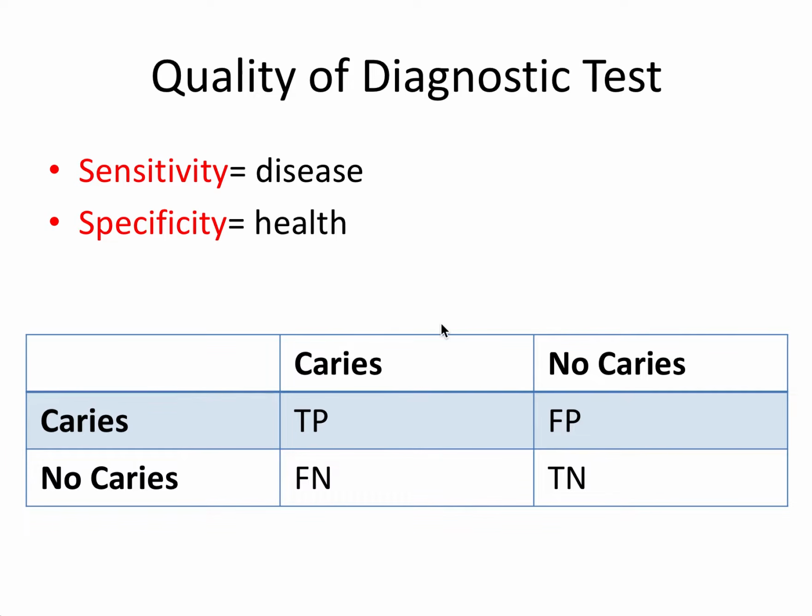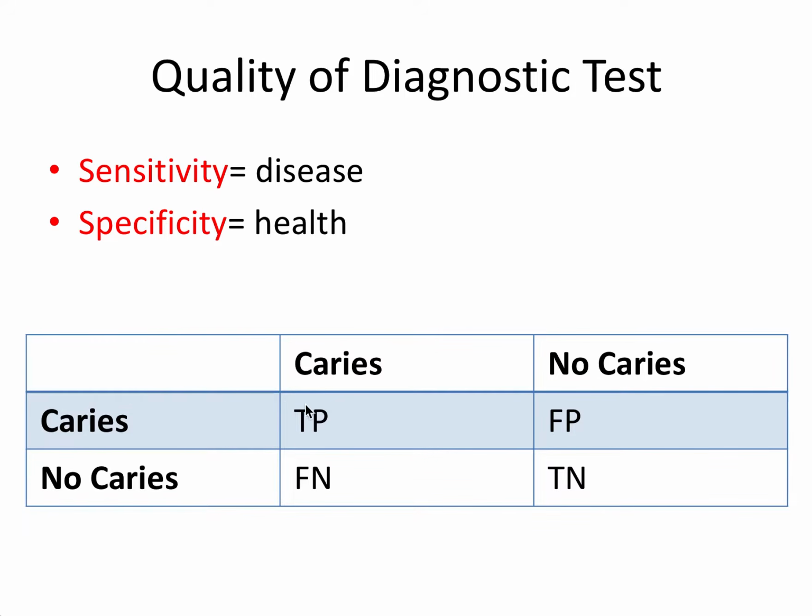So let's say, for hypothetical purposes, this is a crystal ball that tells us the absolute truth for a patient, if they have caries or if they don't have caries. The left column is what our experimental method says they have. So say we're looking at Diagnostic. How valid, how reliable is it? And we're going to look at the sensitivity and specificity of this new experimental method.